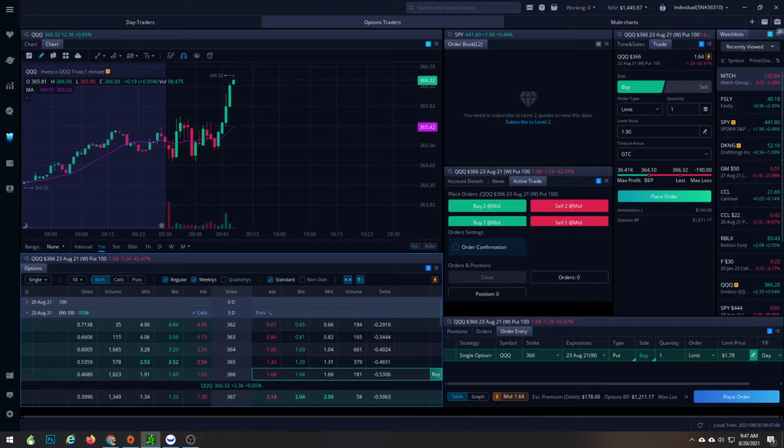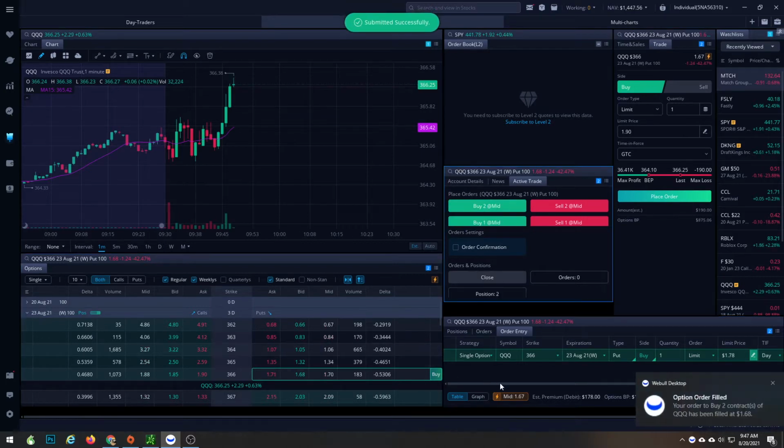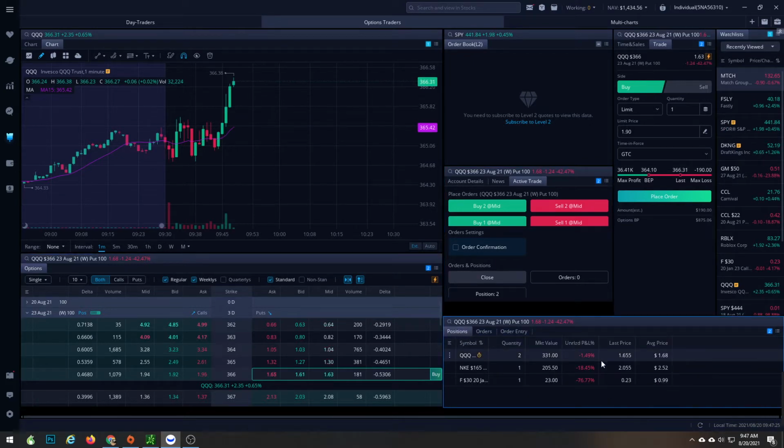I still have this one on my screen, so all right, I am going to buy 2 right here. Got in. Looking at some positions. Could definitely be wrong, of course. So just gotta be ready. Maybe I might scale in a little bit. I'm not sure yet.